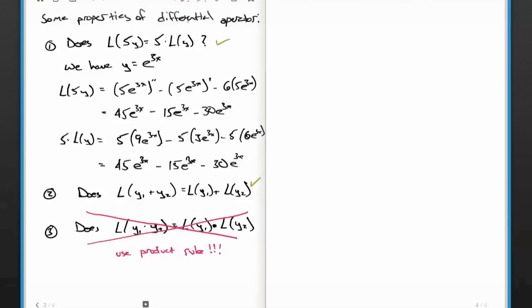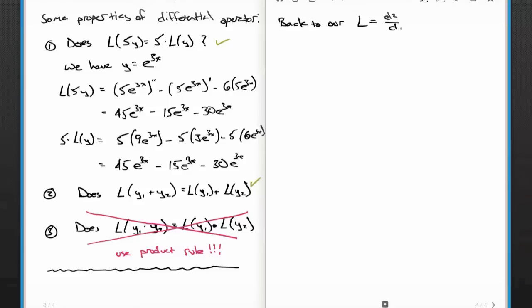Okay, so this is the end of the sidebar here. Back to our L, which was d squared dx squared, nope, that was actually minus d dx minus 6.